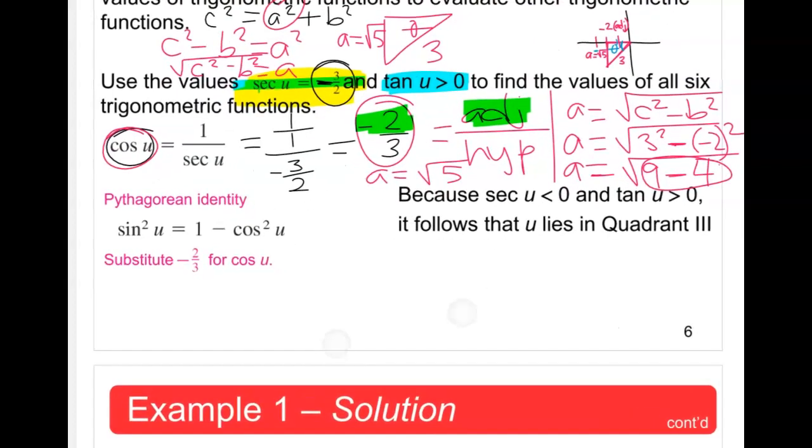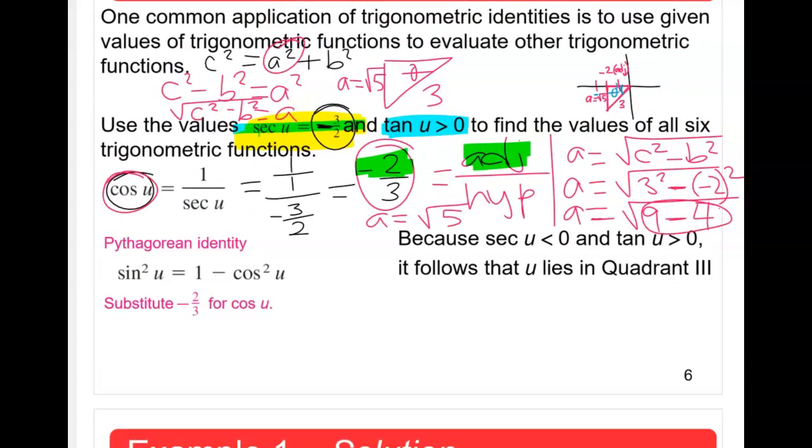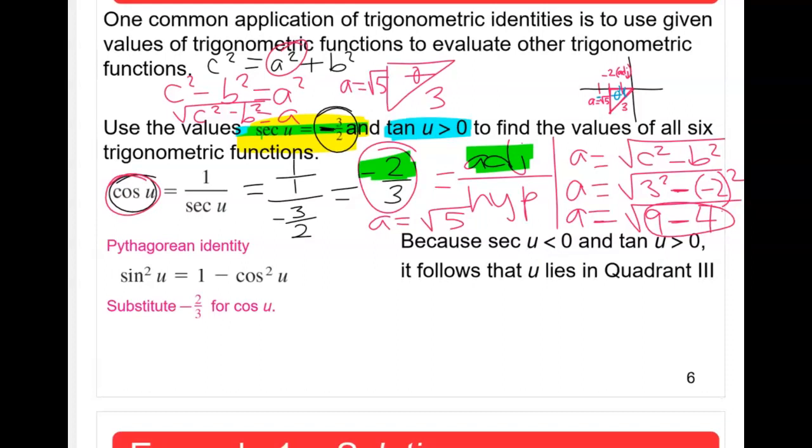So now, instead of looking, I could answer the question right away, that the sine of u, based on the Pythagorean theorem, and that we are in quadrant 3, it will be the opposite, which is the negative square root of 5, because we're in quadrant 3, divided by the hypotenuse.